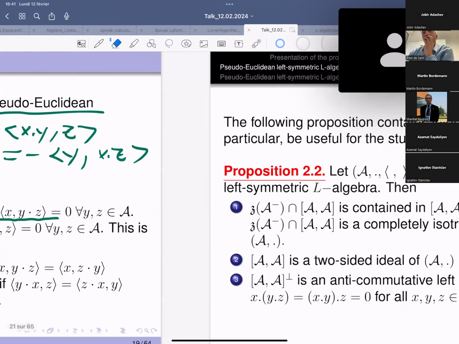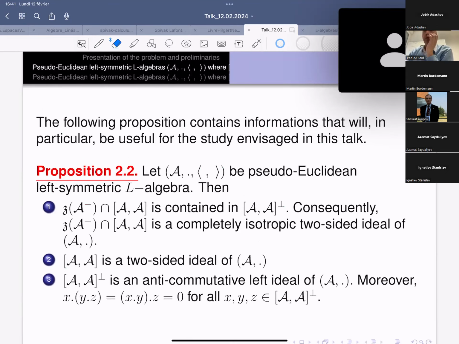Now we have this proposition, or second lemma. This type of result is a technical result to find some isotropic ideal of this Lie algebra.